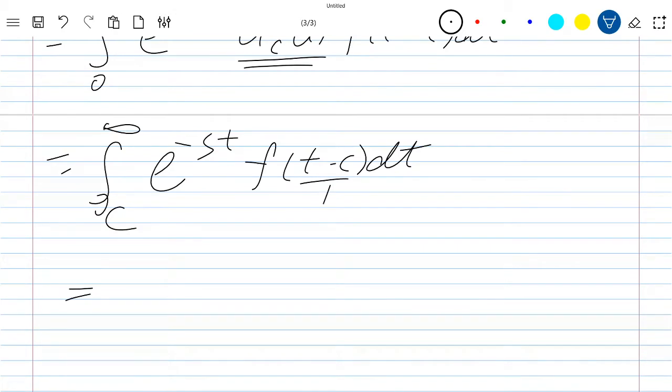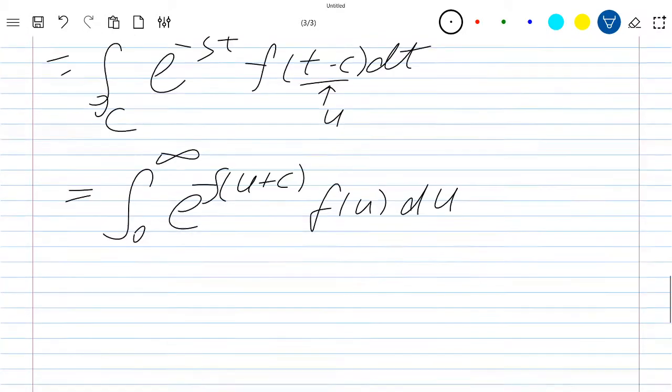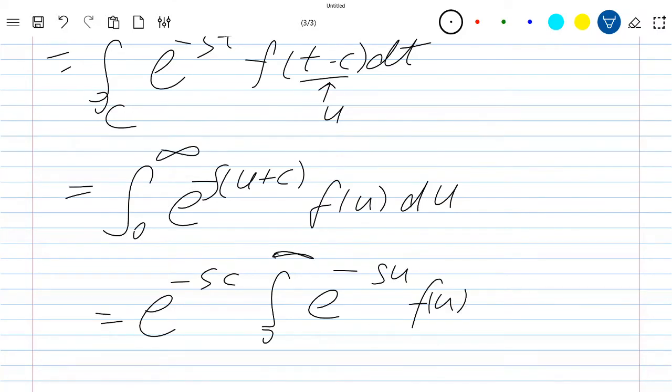Let me call this u. It's negative s times u plus c. Then I have f of u du, and the u is t minus c, so go back to 0. Then you can factor out e to the negative sc, and then inside it's e to the negative su f of u du. Guess what? That's your capital F.